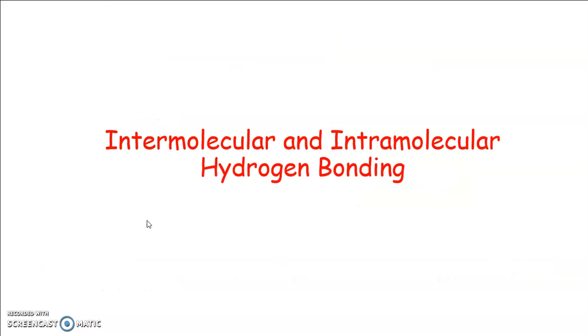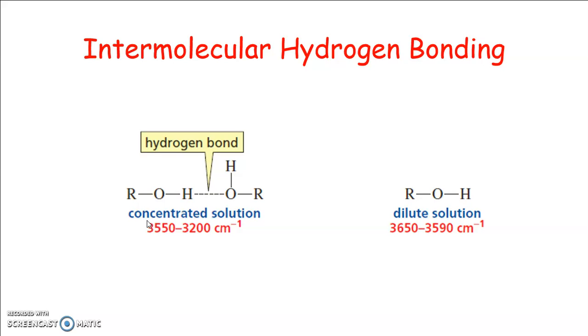The two types of hydrogen bonding, intermolecular and intramolecular, can be differentiated by the use of IR spectroscopy. The extent of intermolecular hydrogen bonding depends on the concentration of the solution, and hence the position and shape of the IR band also depends on concentration.